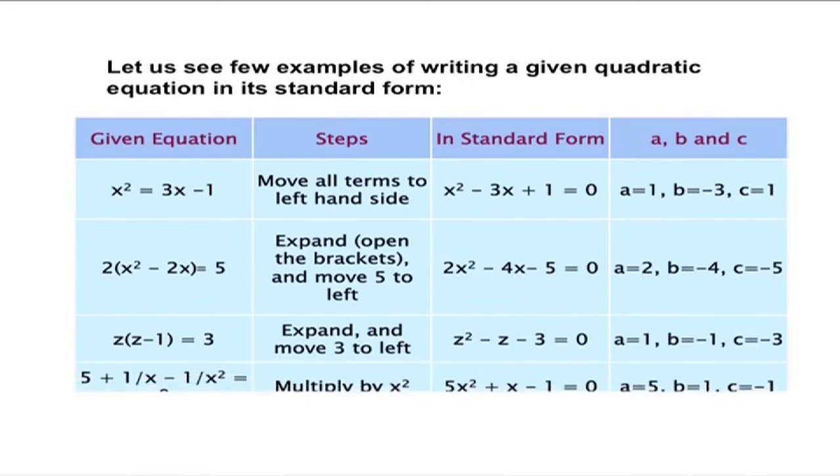Similarly, the fourth equation is 5 plus 1 by x minus 1 by x square equal to 0. Now you multiply by x square and you will get the standard form, that is 5x square plus x minus 1 equal to 0, where a equal to 5, b equal to 1 and c equal to minus 1.